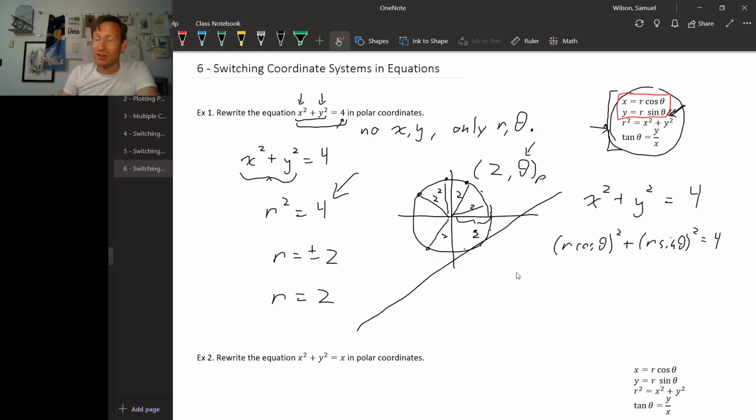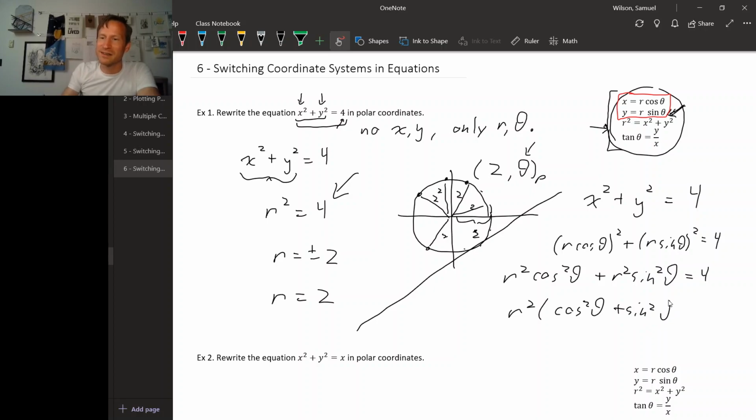Then you could multiply this all out in an attempt to simplify it. I hope you would attempt to simplify this. So you get r squared cosine squared theta plus r squared sine squared theta. And then I hope your experience with the Pythagorean identities would prompt you to want to factor out this r squared times cosine squared theta plus sine squared theta equals 4.